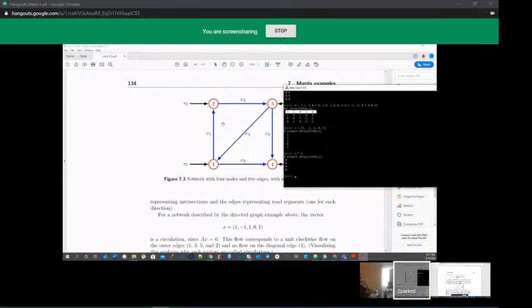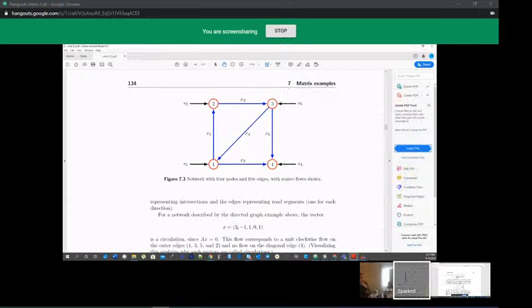So if you had 1, 0, 1, 1, 0, that would also be a circulation, which is x1, x3, and x4.